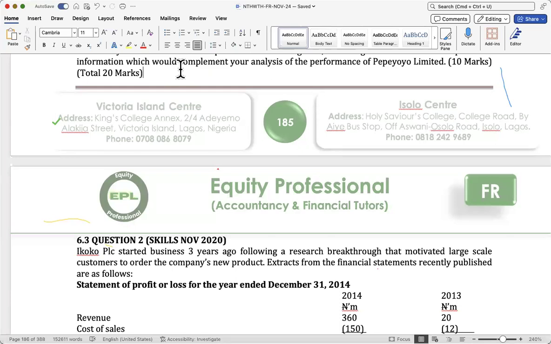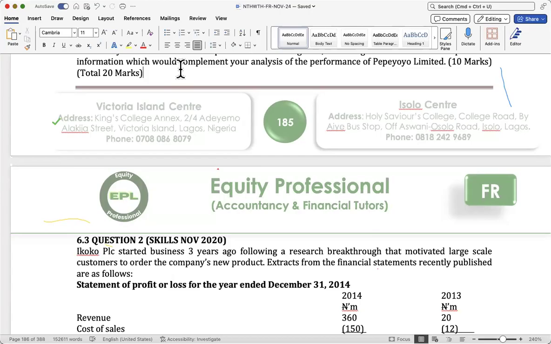And the share price has maybe increased. So you should know that that is a financial asset at fair value through P&L, and that gain should go to P&L. So that's what I mean by solving past questions.